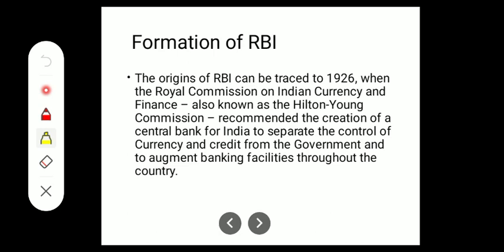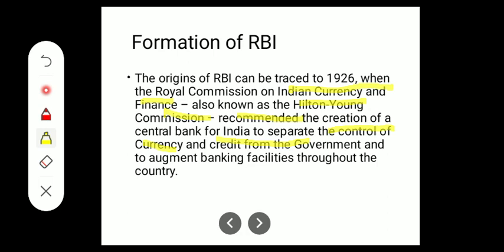The formation. Let's see the formation of RBI. The origin of RBI can be traced to 1926 when the Royal Commission on Indian Currency and Finance, also known as the Hilton Young Commission, recommended the creation of a central bank for India to separate the control of currency and credit from the government and to enlarge banking facilities throughout the country.